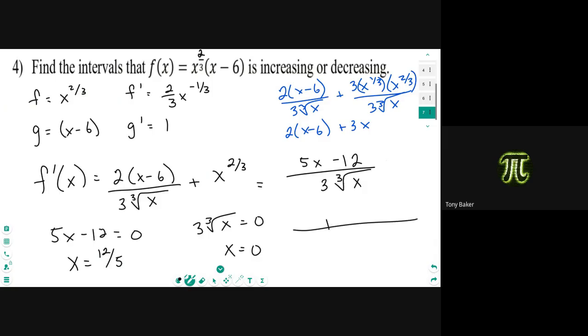So we've got 0 and 12/5. So I'll use -1, 1, and 3.